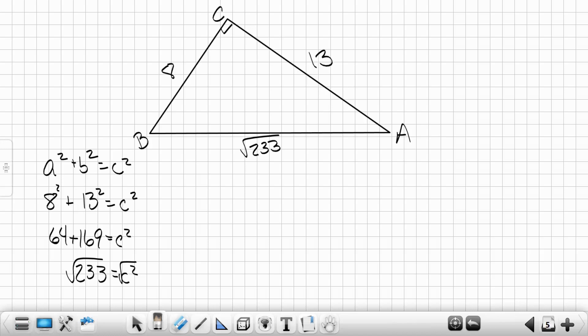We're going to do this for angle B, so we're going to do the sine, cosine, and tangent first. Then we'll do the cosecant, secant, and cotangent. Now what's nice, 8, 13, and square root of 233, there's going to be no reducing here.